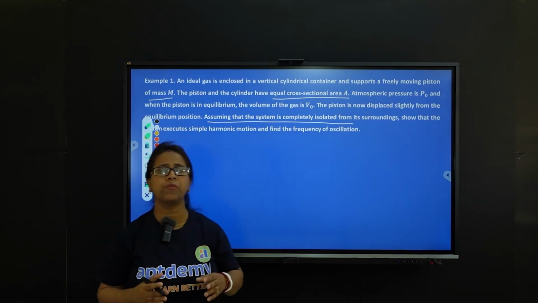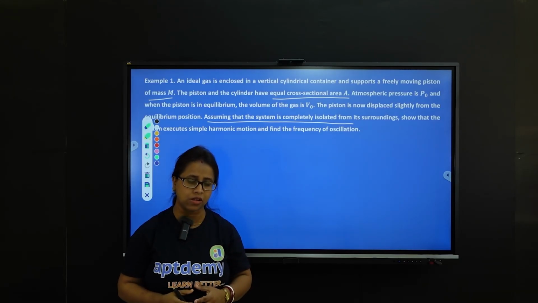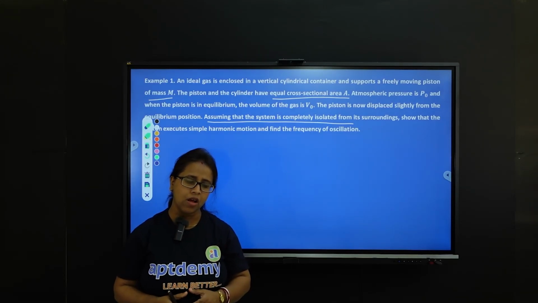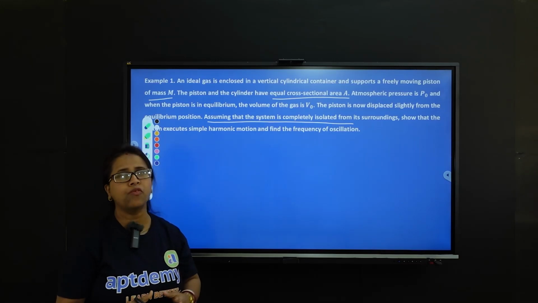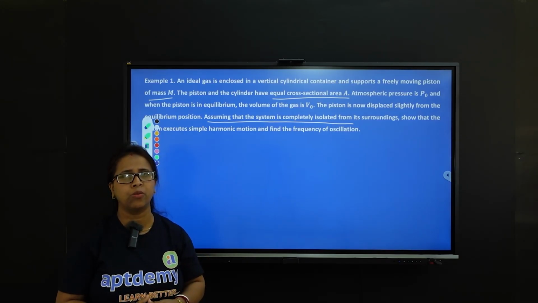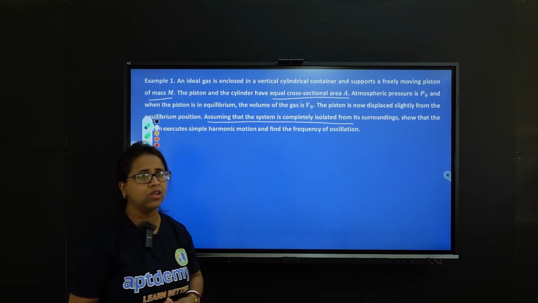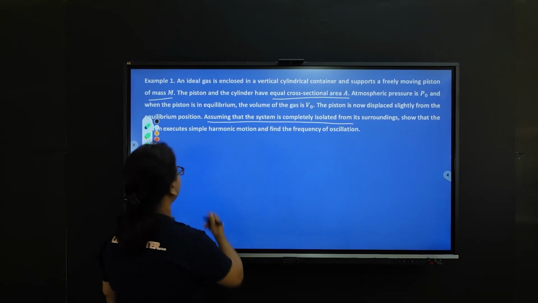Now when a system is completely isolated from the surroundings, it actually means that the pressure and the volume will be related to each other by the adiabatic relation. So let's begin with that note.